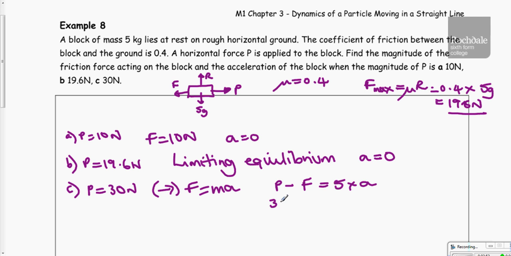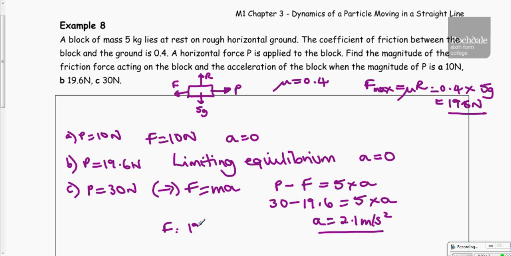Now P is 30, the maximum value of friction will have been reached and overcome, and that will equal 5a. And doing the calculations there, a works out to be 2.1 meters per second squared, and the frictional value is 19.6. Once an object starts to move, it's at its maximum value of friction.